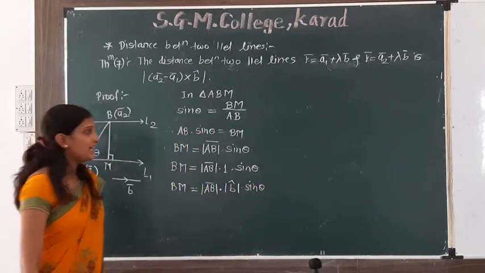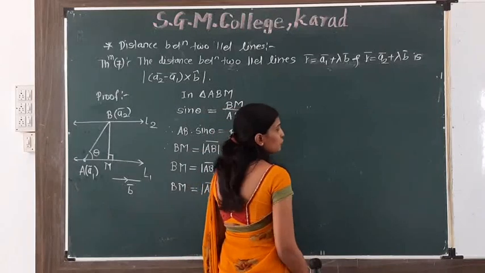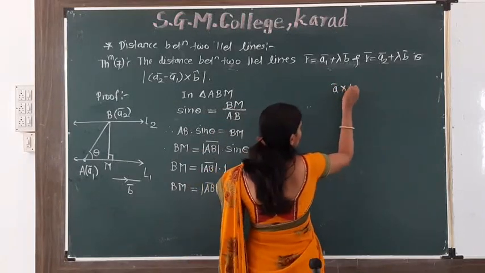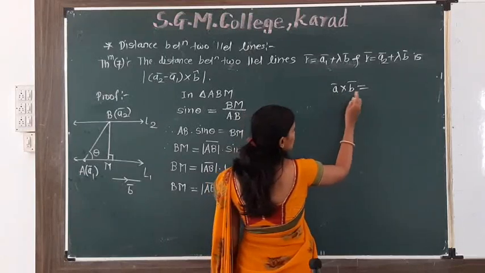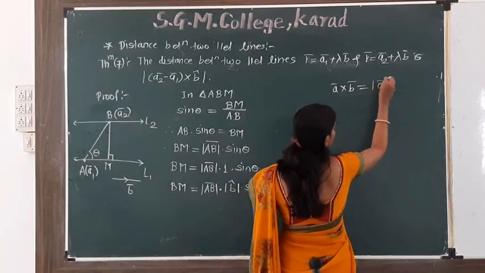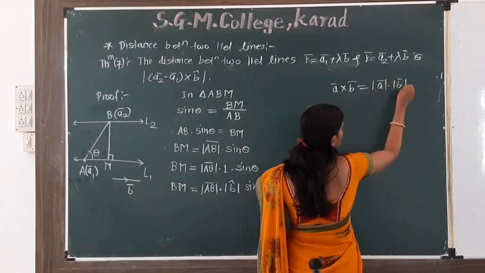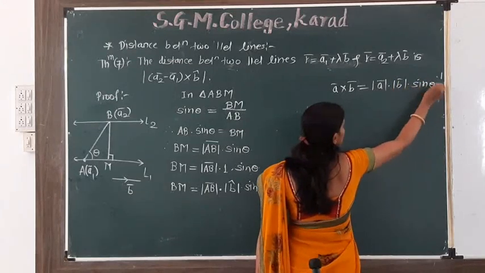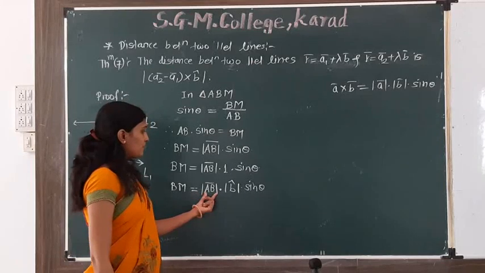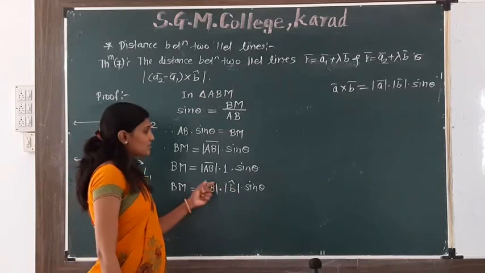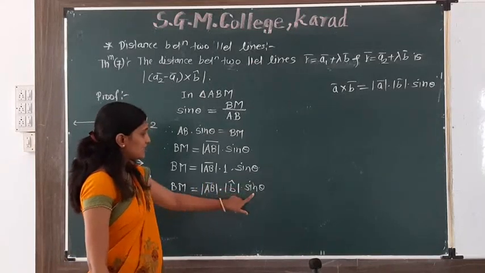Now, by the definition of cross product, A bar cross B bar is equal to the magnitude of A bar into the magnitude of B bar into sin theta.